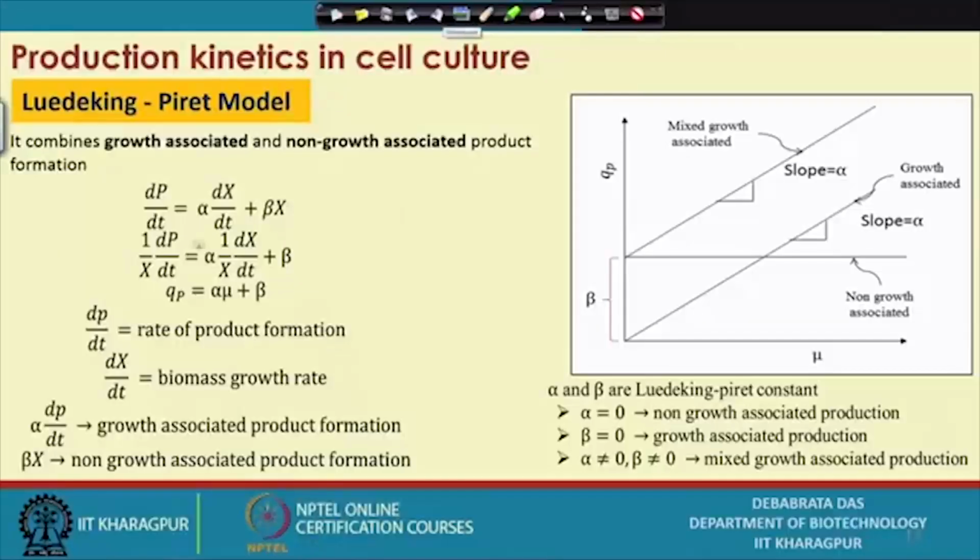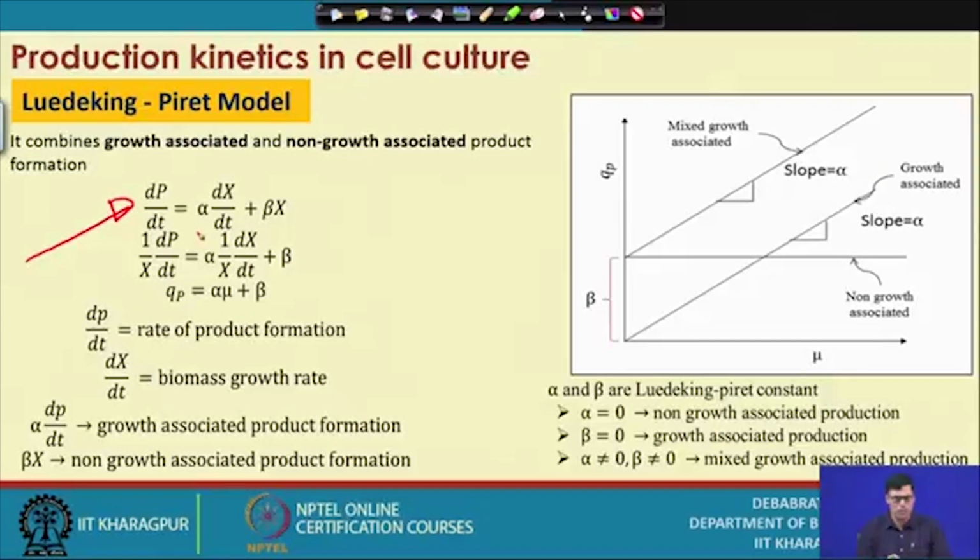This has been established by Luedeking and Piret. They proposed the equation dp by dt equal to alpha dx by dt plus beta x, where alpha is considered as the growth associated coefficient.